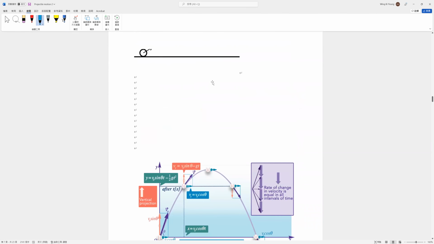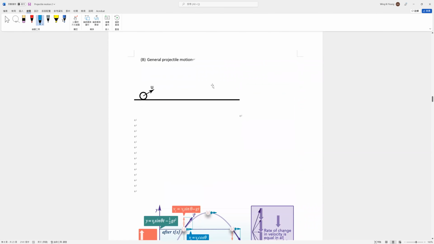Then let's go on to talk about a more general projectile motion. That's what the question would normally be like.